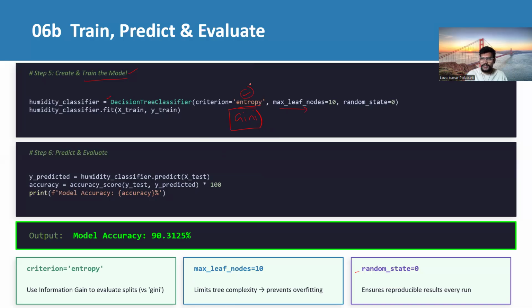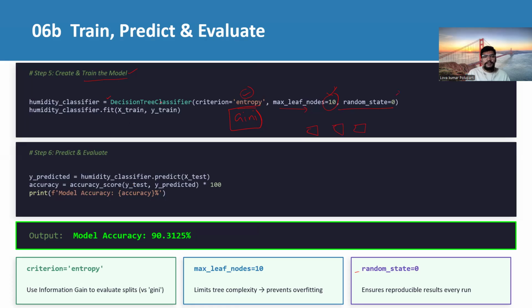From this it will find the information gain, then start splitting one by one, and we can set the maximum depth and maximum leaves. Here the maximum leaf nodes is 10, and the random state is 0.